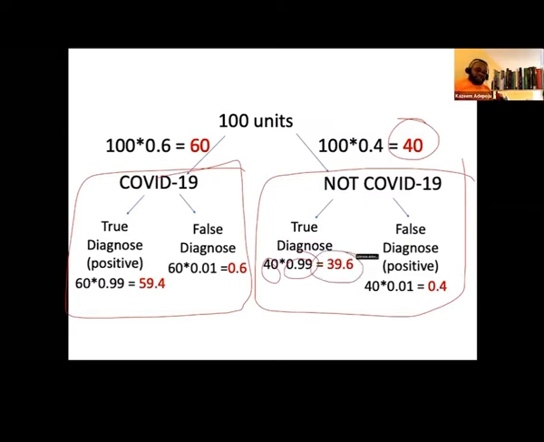Of course, if the machine is 100% efficient, we were supposed to have 40. The machine is supposed to correctly identify all the 40 to be negative, because they don't really have COVID. But based on what we are seeing right now, the machine is not going to identify all of them. Therefore, we're going to have a false diagnosis. The false diagnosis is going to be 40 multiplied by 0.01, and that will give us 0.4.